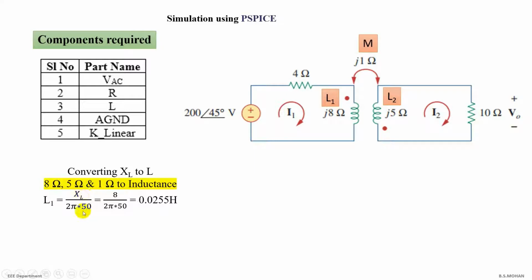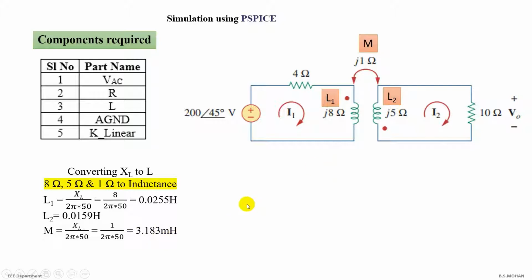On substituting the values, we get L1 as 0.0255 Henry. Similarly for L2, we get 0.0159 Henry. And the same formula for M, that is XL by 2 pi into frequency, which is 50, will give you the answer as 3.183 millihenry.